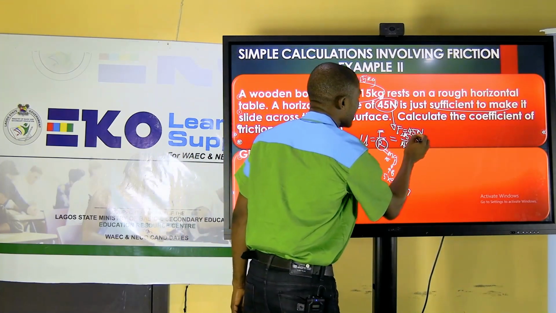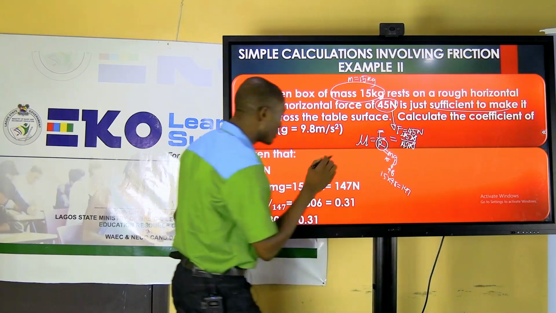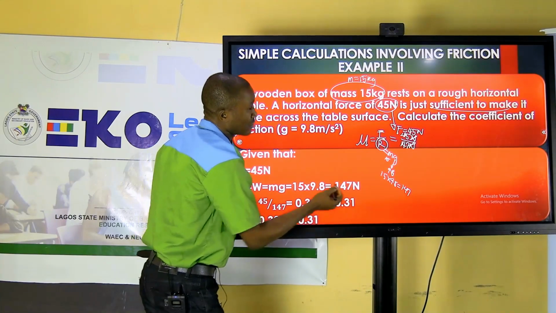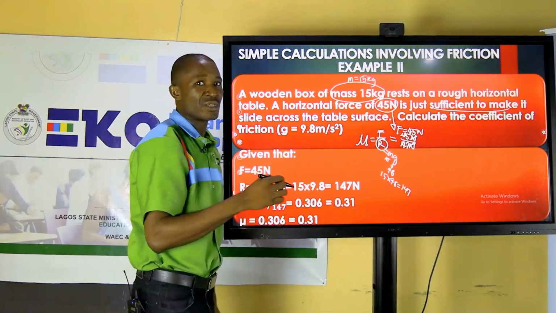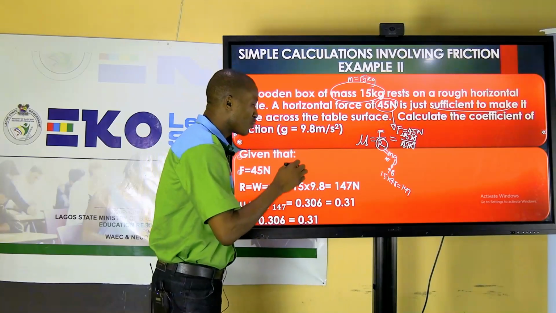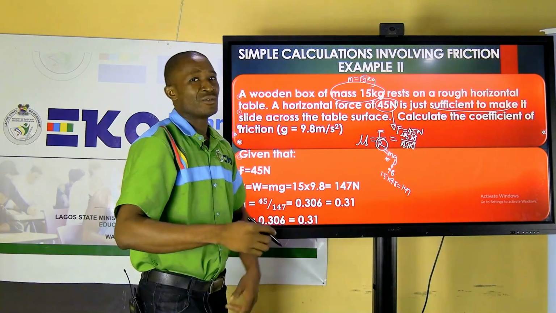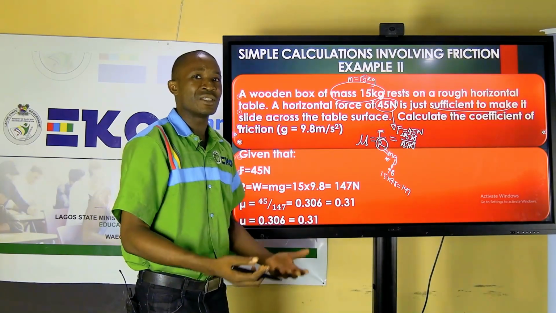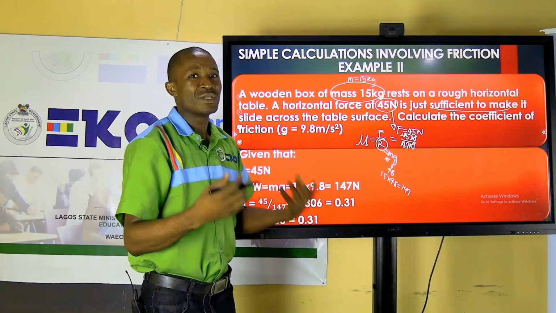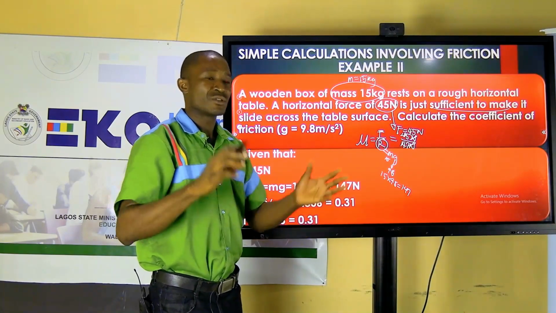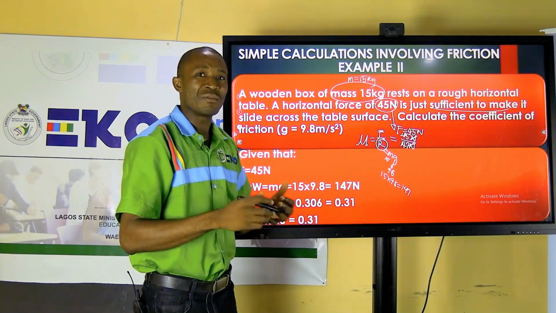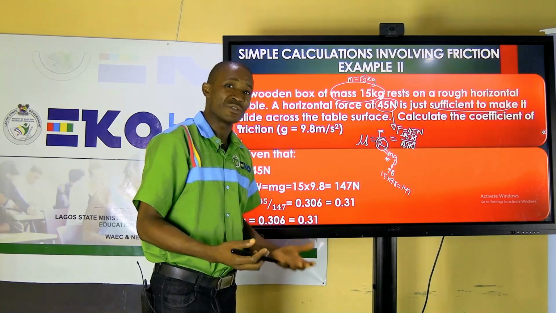So you look at this, Newton cancels Newton. So which means that coefficient of friction does not have unit. Coefficient of friction is not the only quantity in physics that don't have unit. You can be asked in your theory that list 2 or 3 quantities in physics that don't have unit. So when you are saying it, you remember that relative density does not have unit also.